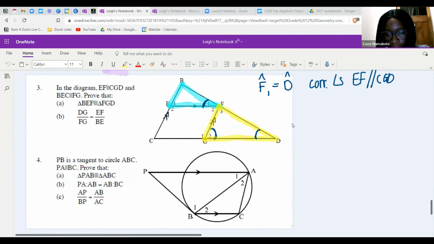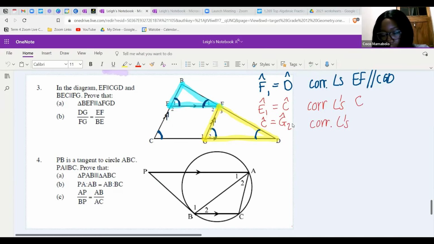And angle C equals angle G2 also because they are corresponding. So if both E1 and G2 equal angle C, then it means that E1 and G2 must be equal to one another. Okay, so E1 equals C, corresponding angles, and C equals G2, corresponding angles. And you have to remember to also put the parallel lines as well. You do have to remember to put the parallel lines.